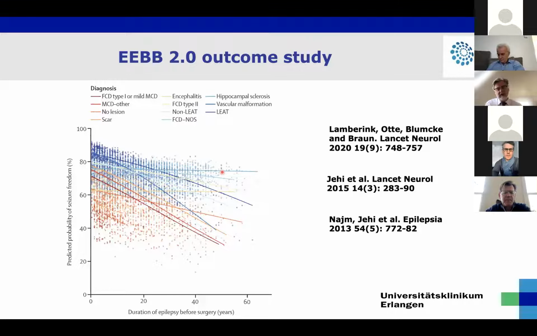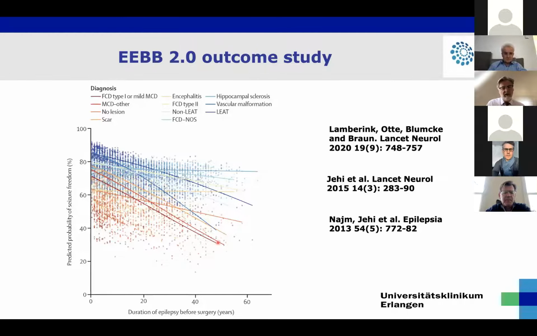The structural diagnosis is an important predictor, as is the duration. And you see here the disease duration, from onset to surgery. With the duration, the probability to become seizure-free drops significantly, almost 10% per decade. So 1% per year dropping. And there are only very few exceptions. Interestingly, the exception is hippocampal sclerosis, but most others drop significantly.